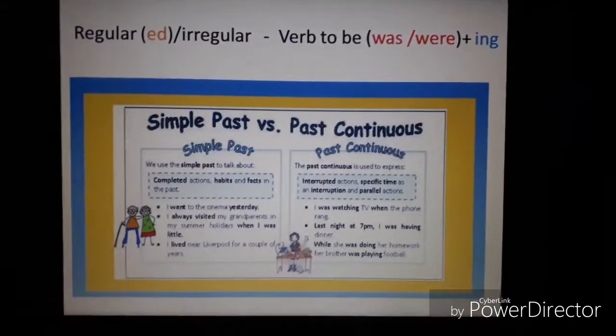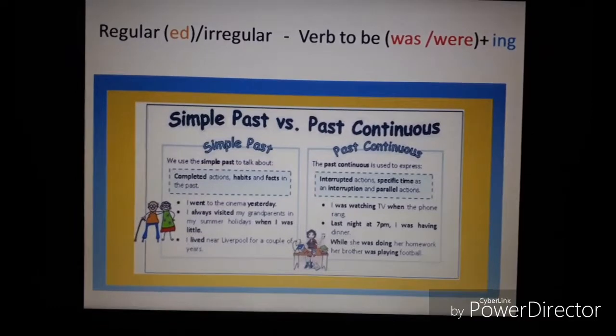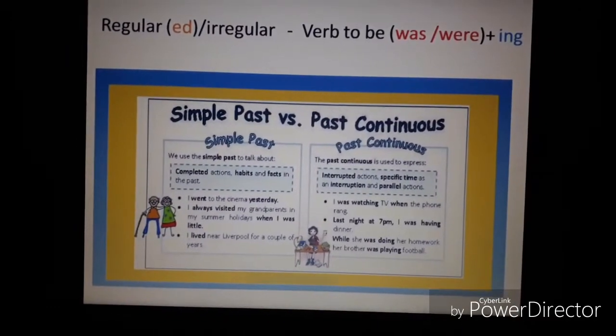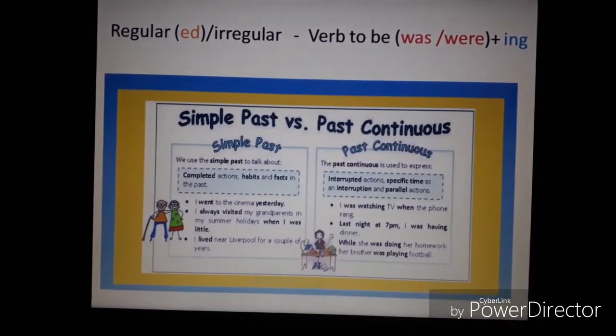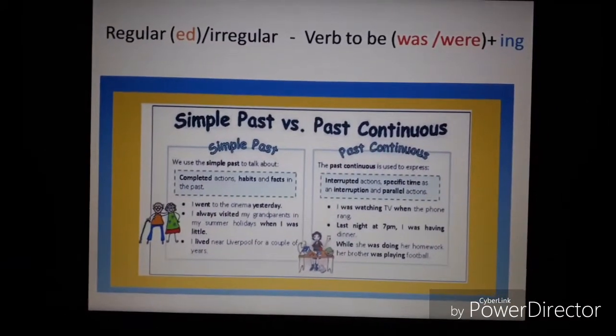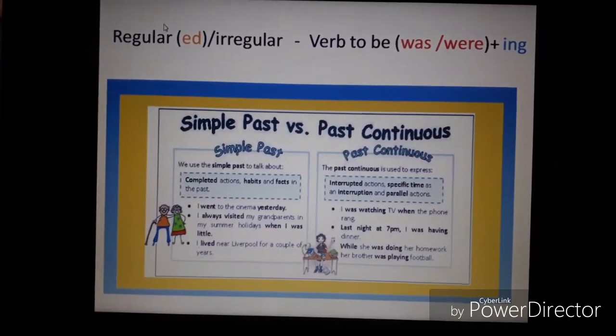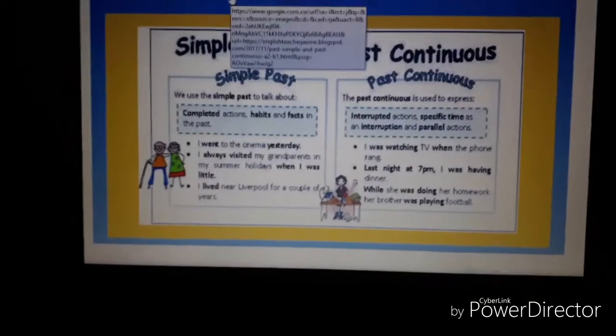Okay, now we have differences between past simple and past continuous or progressive. It's very simple. For simple past or past simple, we use regular or irregular verbs. For regular verbs, we have ed, and for irregular verbs, you know that they change.